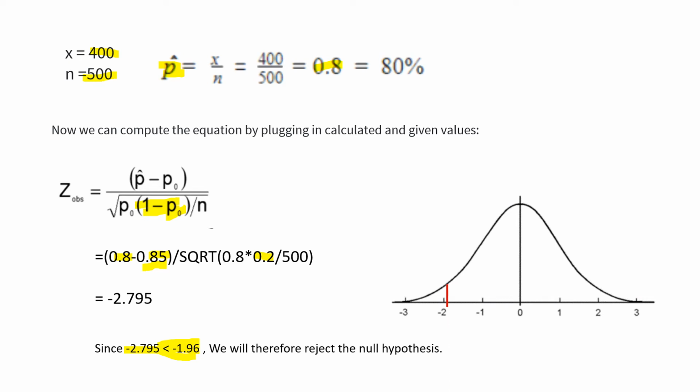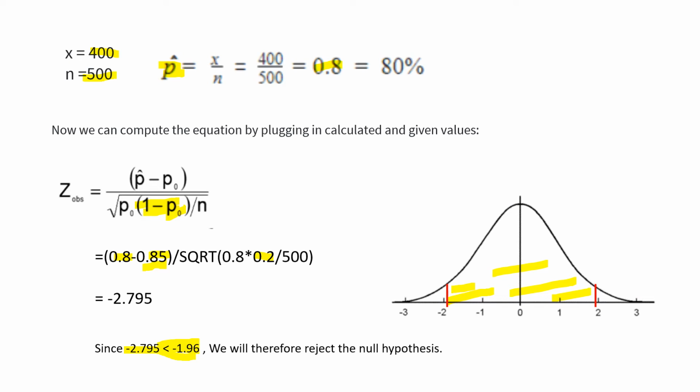What was the null hypothesis? That both the proportions are equal, which is P0 equal to P hat. So we reject that null hypothesis. This is the limit between plus 1.96 and minus 1.96. If the data lies within it, it is in the acceptance zone.